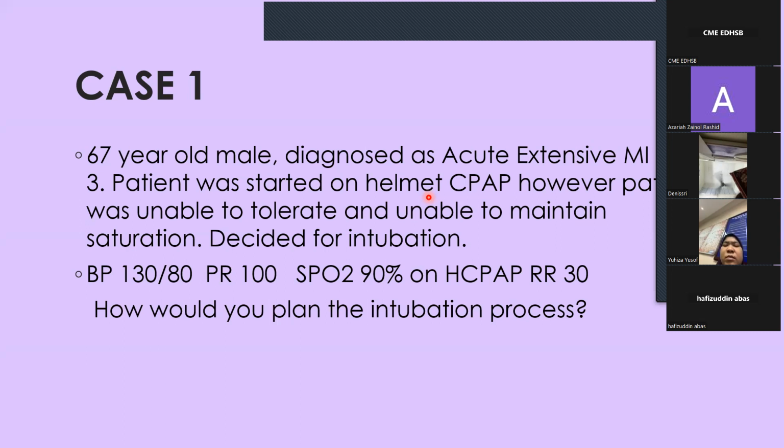Jangan lambat. So sebab pre-oxygenation harap CPAP pun 90%. So kalau patient ni ada good respiratory effort, kita boleh pakai high flow ataupun CPAP, kita dah pakai CPAP dalam helmet kan.